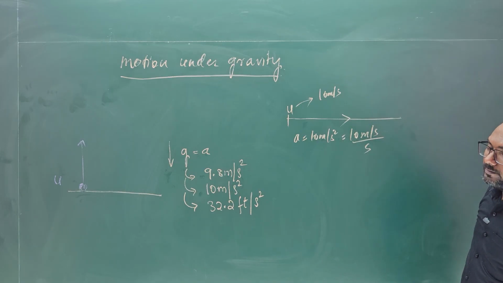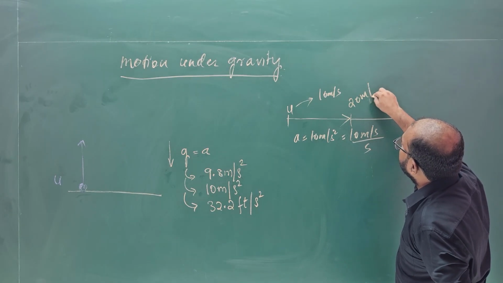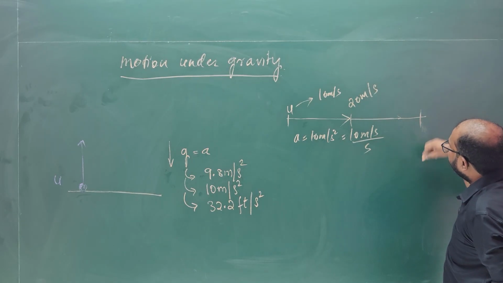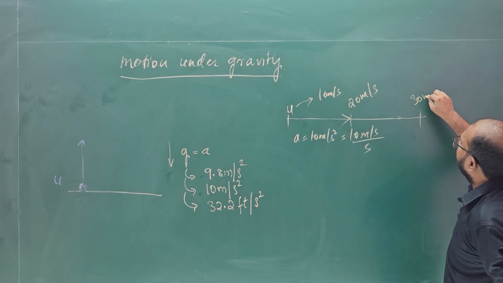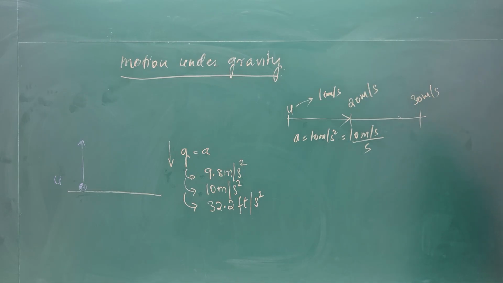After 1 second, what will be the velocity? Yes, 20. After 1 second, the velocity becomes 20 meter per second. After 1 more second, the velocity becomes 30 meter per second, and so on. Yes or no?